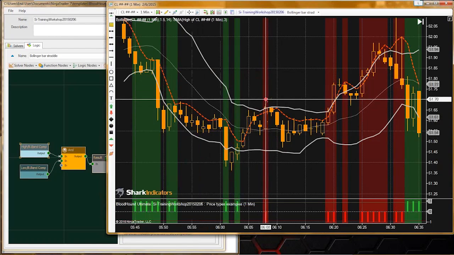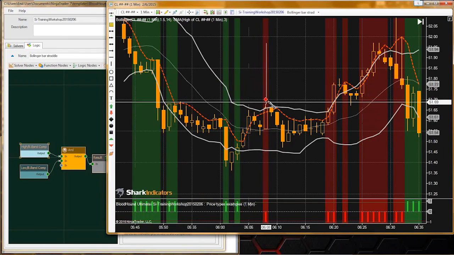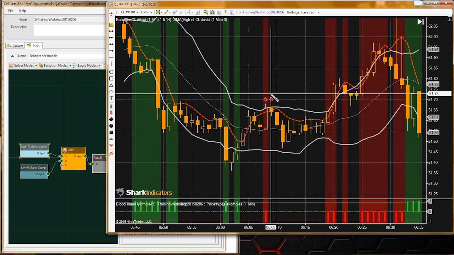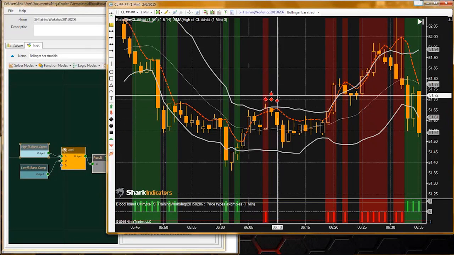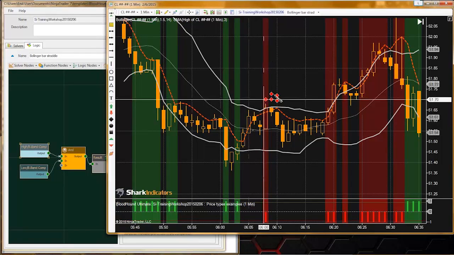Let's say condition 1 happens here, and then condition 2 happens on the next bar, and then condition 3 happens on the next bar afterwards as well.